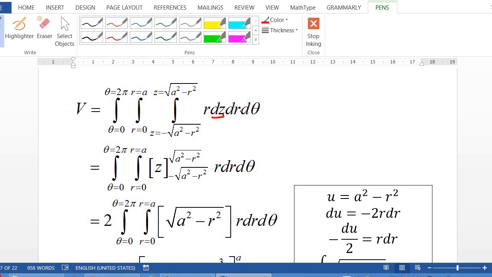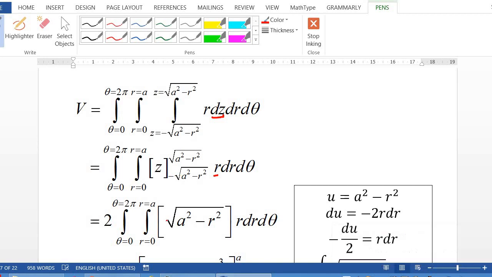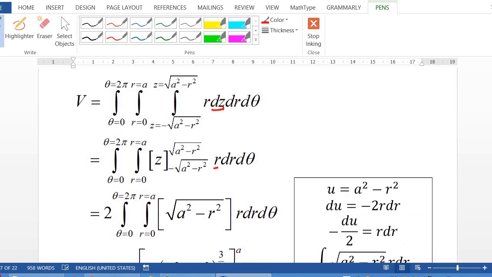Now let's integrate in cylindrical coordinates. Integrate r with respect to z, so you have r times z. Plug in the limits for z: the square root of a squared minus r squared minus the negative, so you get 2 times the square root of a squared minus r squared.